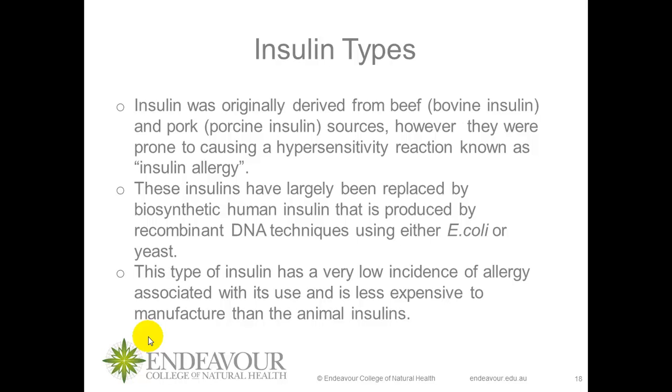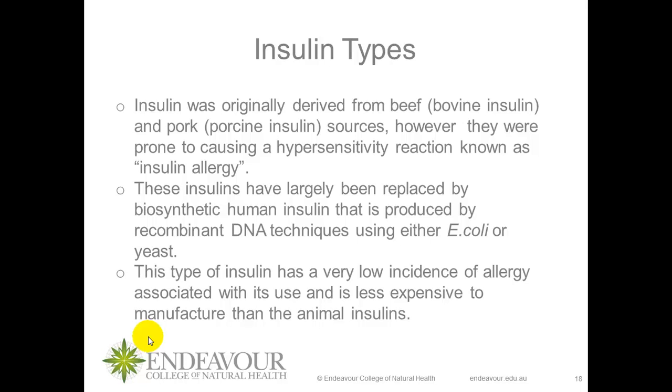Originally, it was animal insulin types that were being used, either bovine or porcine sources from the abattoirs were used to make large amounts of insulin, and so many people developed hypersensitivity reactions or insulin allergy because it was from another animal and it was seen as a foreign antigen. So now with recombinant DNA techniques, we've taken out the gene for human insulin and used yeast or E. coli to make it in very large numbers.